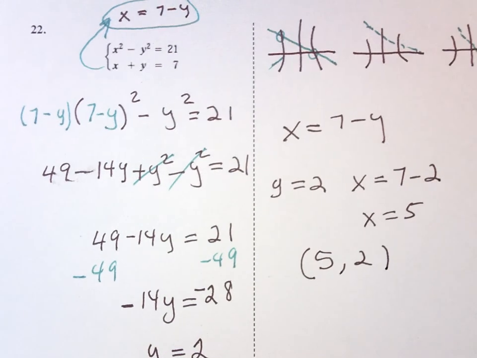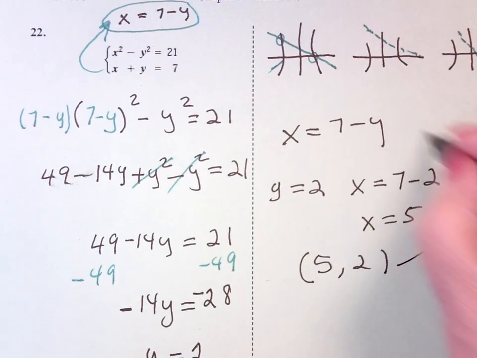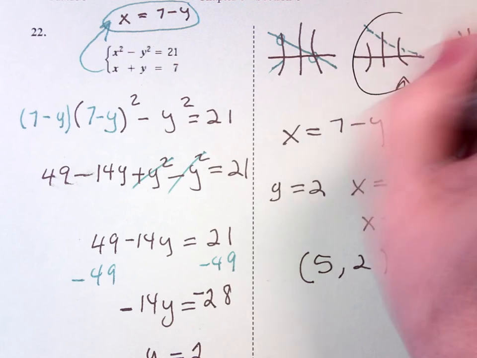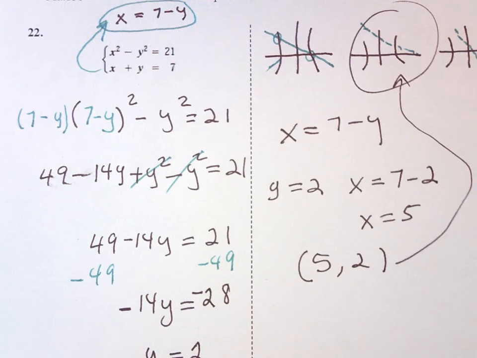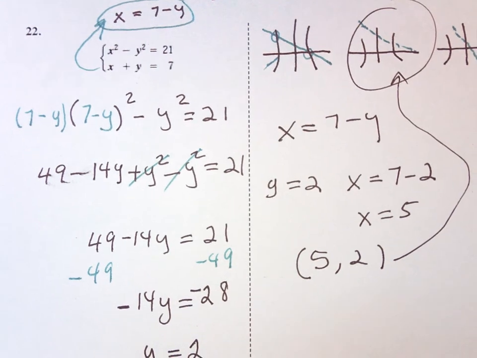So the picture I've got, since I only have one intersection point, is this one right there. The line is only going to intersect in one place, right there, at that point.